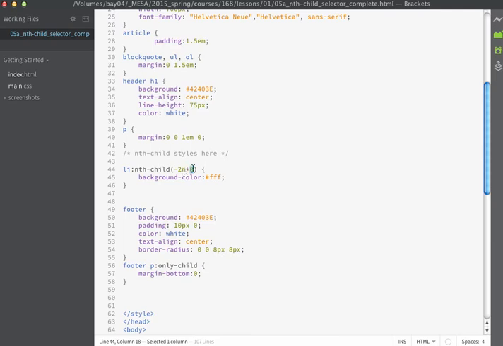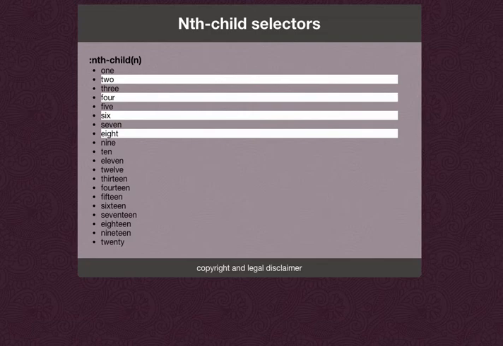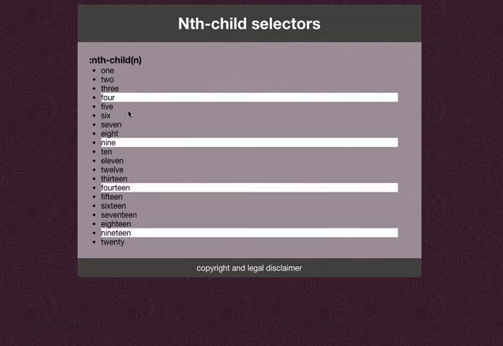Let's change this up again. I'm going to change my start to 1. Let's change the offset to 5n, and then instead of using a plus right here, let's use a minus right here. If we save this and look at it in the browser, you can see that it's selecting every fifth item, but by using a negative number, it's offset or shifted this up.